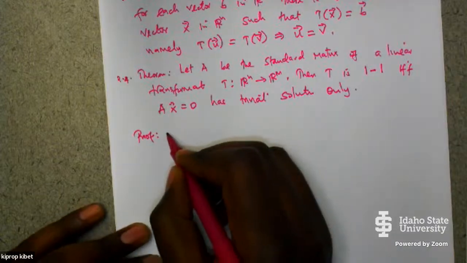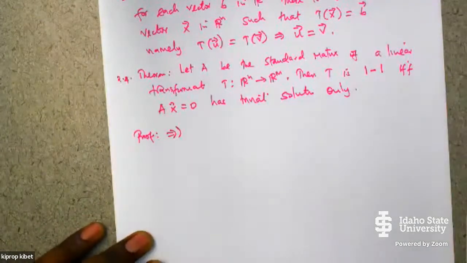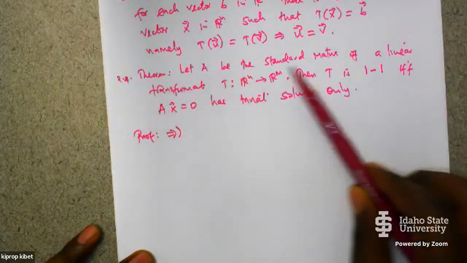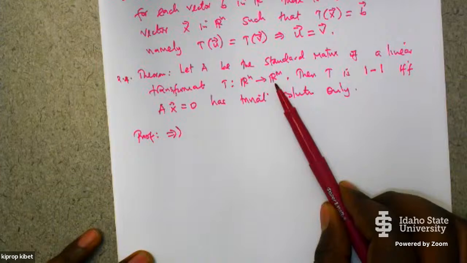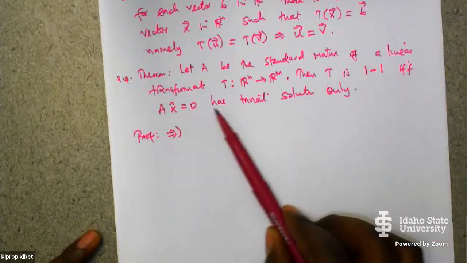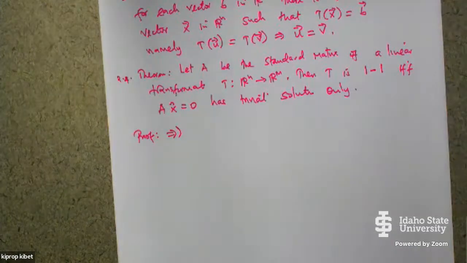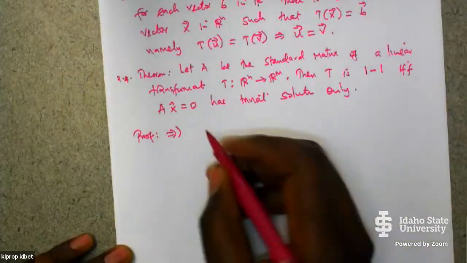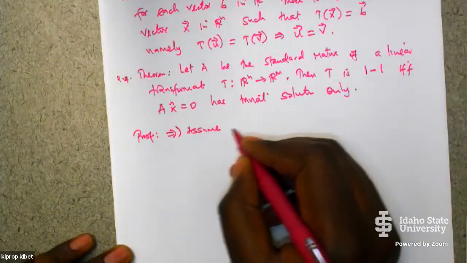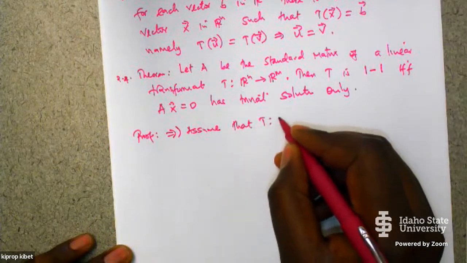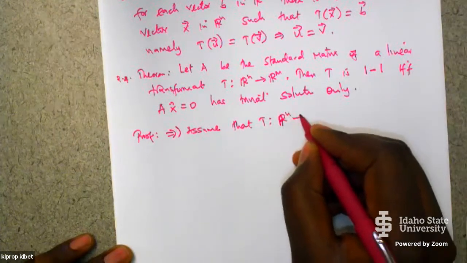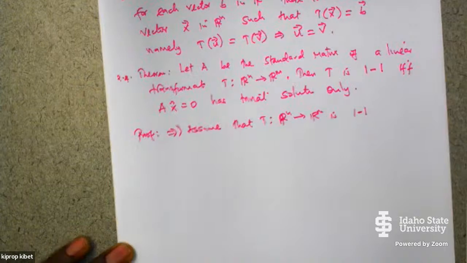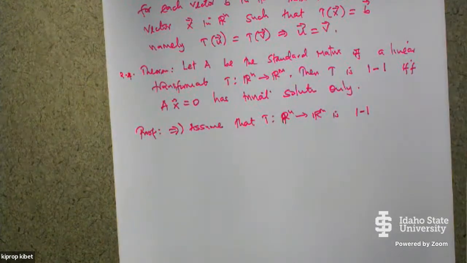Let's prove the forward direction first. Let's assume that the transformation T from Rn to Rm is 1 to 1. So let's use the assumption that the transformation is 1 to 1.